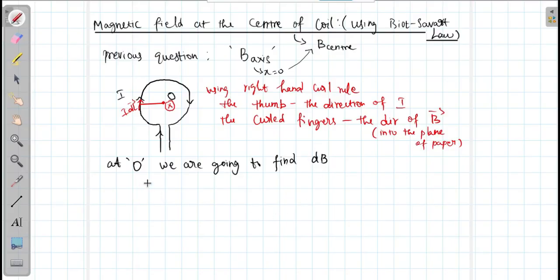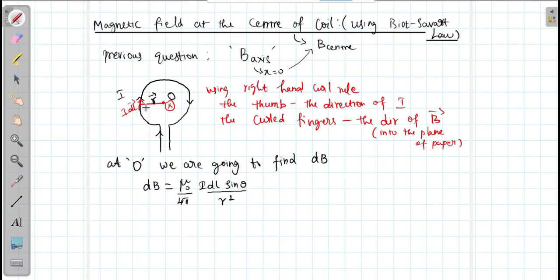Therefore, using Biot-Savart law, dB equals, at a distance, you just take this as small r vector, dB equals mu naught by 4 pi I dl sin theta divided by r square.